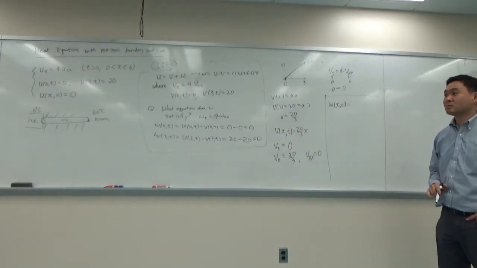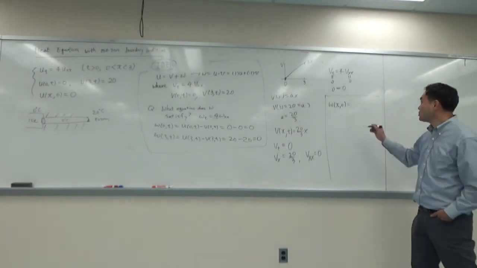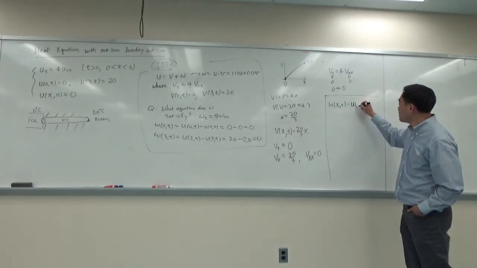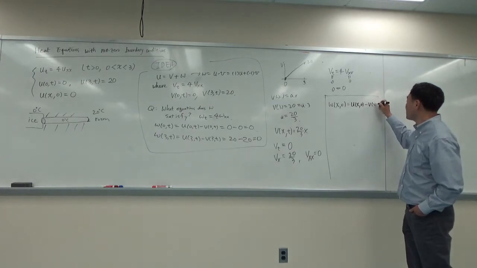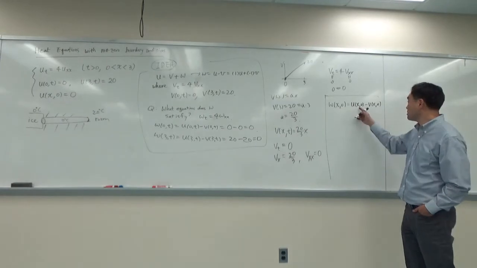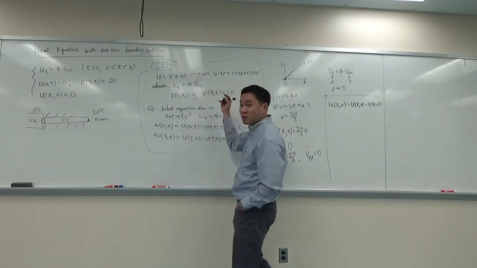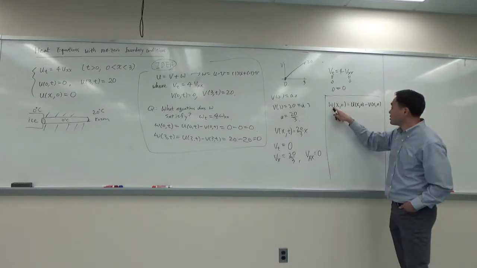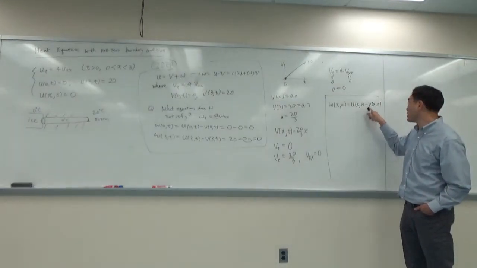Remember, this is U of x,0 minus V of x,0, right? That's what we have. This requirement means W is U minus V, right? So if you evaluate W at x comma 0, you better get U(x,0) minus V(x,0).